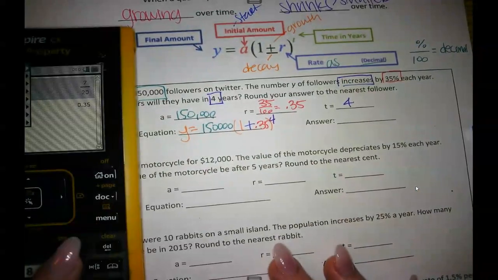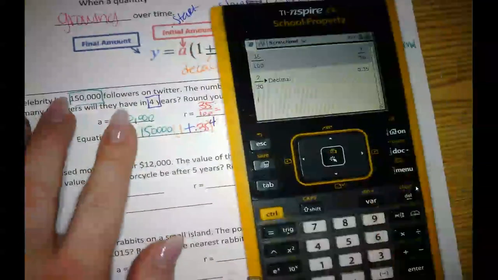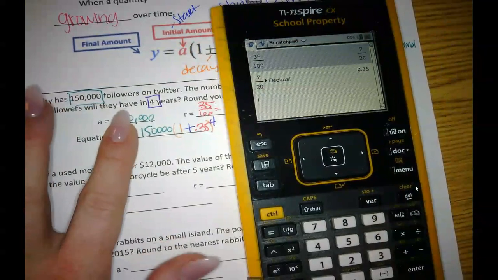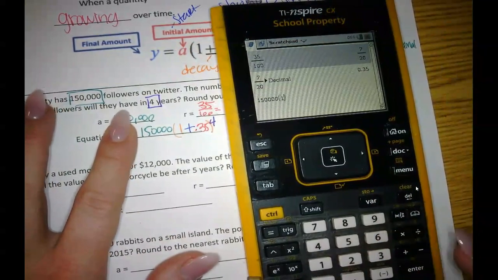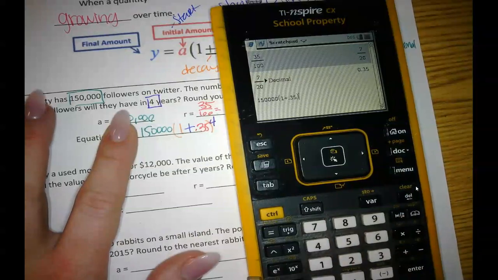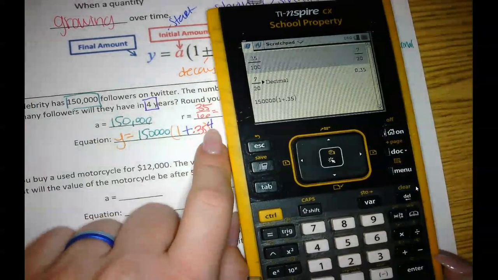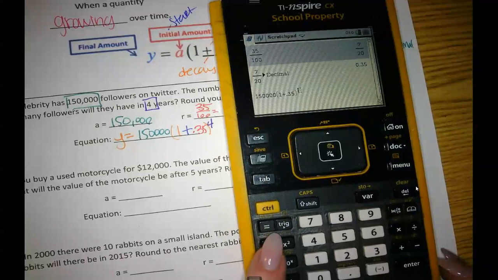So then I just come to my calculator, and I'm going to type in everything after the equal sign, just as we wrote it. 150,000, open parentheses, 1 plus 0.35, close parentheses. This is raised to the 4th power, so I'm going to do the little caret right here.